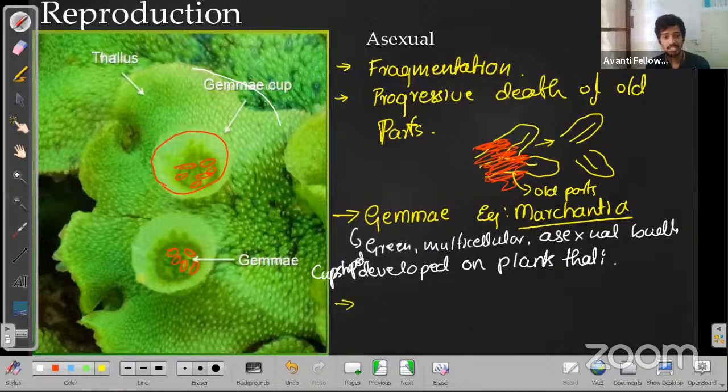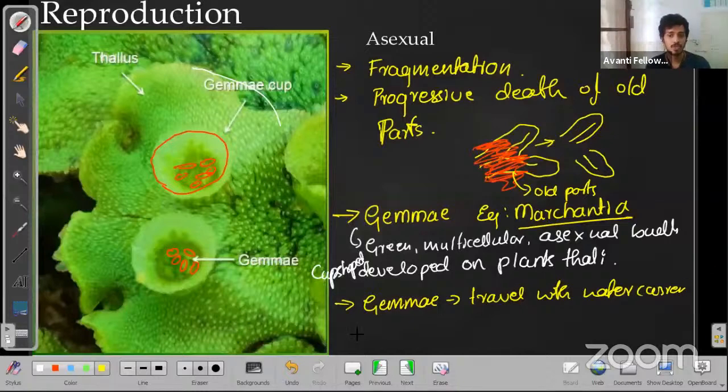These gemmae will travel with the water current. So when the conditions are good, they will germinate and give rise to a new plant.